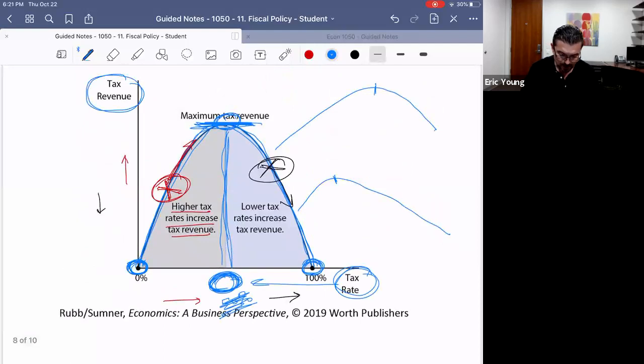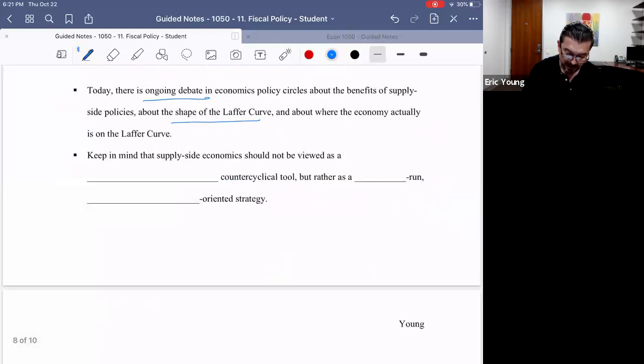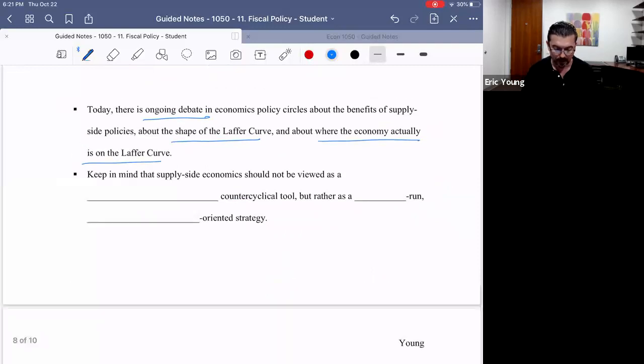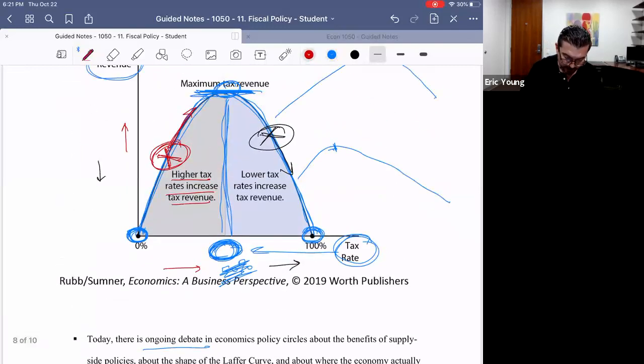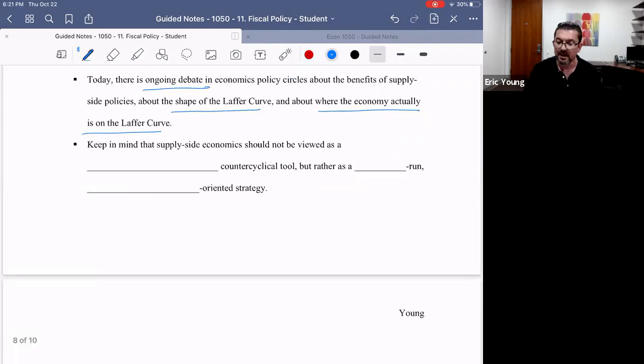Is it perfectly symmetrical? Is it skewed to the right? Is it skewed to the left? And there is also debate about where the economy actually is on the Laffer curve. Are we over here in the red, or are we on this side of the peak in the black? Because that position is going to be critically important. So there's a lot of debate about it.